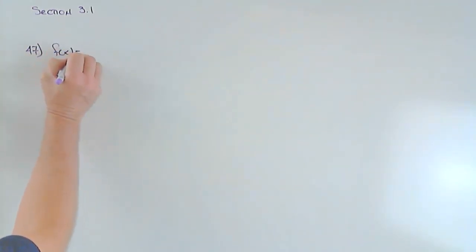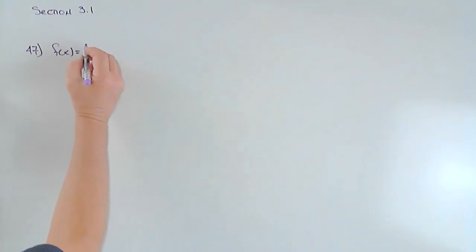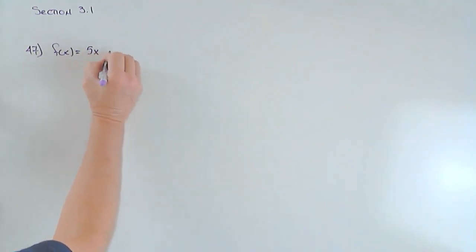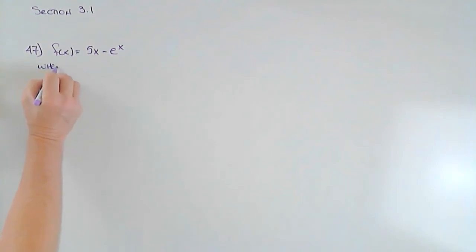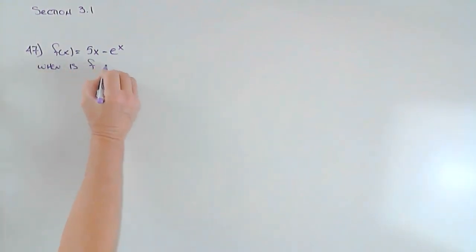Okay. So if we look at a problem like 47, 47 gives us a function, f of x equals 5x minus e to the x. And it says, when is f increasing?